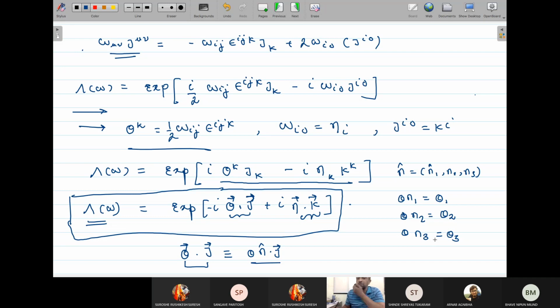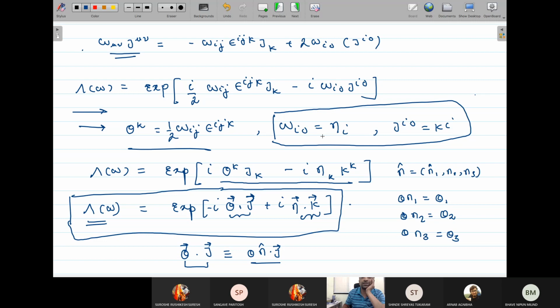Similarly here η·K. Here η1 is tanh(v1/c), η2 is tanh(v2/c), and so on. Clear? So here I have defined clearly the relation between the etas and omegas.